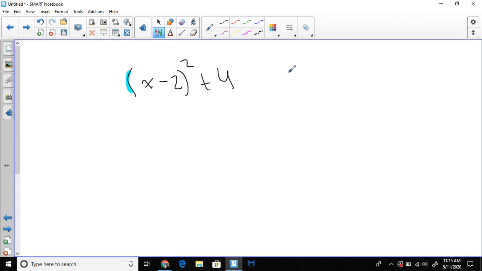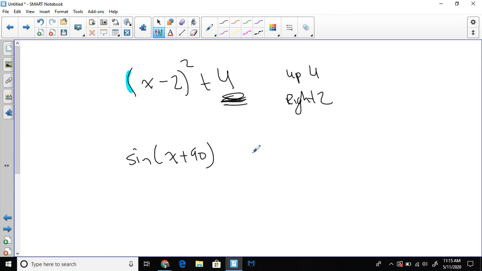Well, this would be up 4, because that's a vertical movement. And then this will be the opposite, so this would be right 2. So if I have sine of x plus 90, this is going to be left 90.